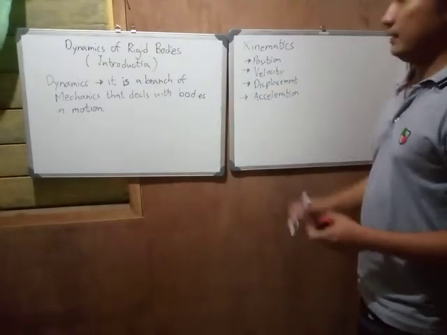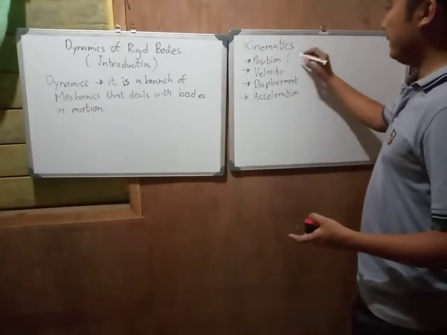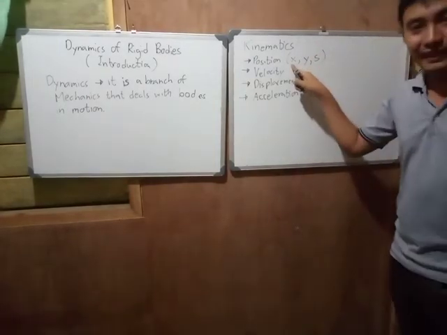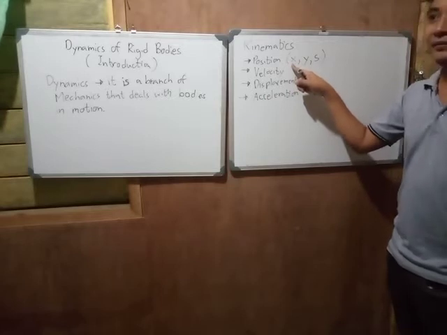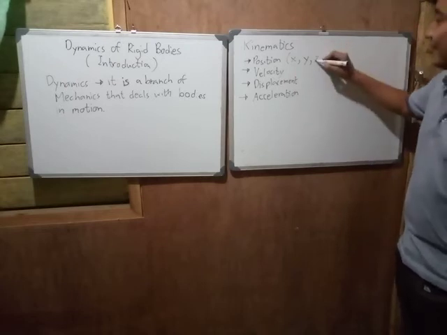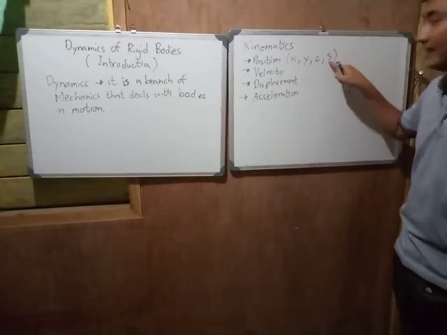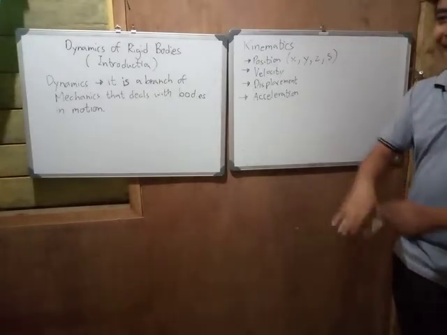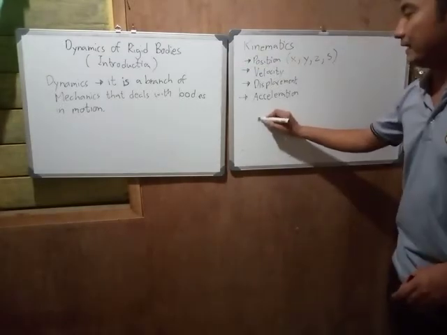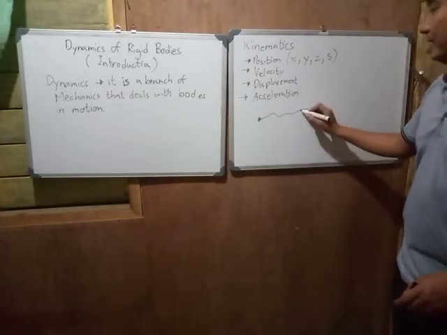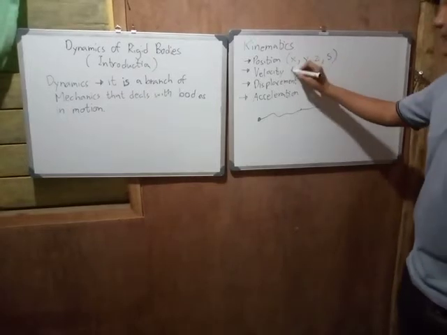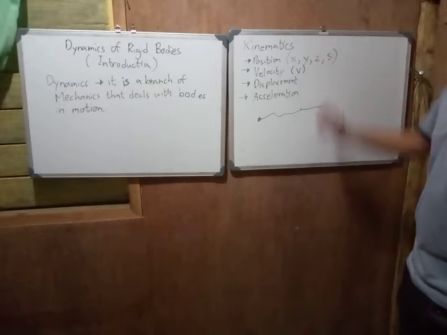Position can be denoted as X, Y, or S, depending. If you are along the X-axis, you can use X; along the Y-axis, Y; Z if you are in 3D; and S if your motion is general, meaning the body moves in a zigzag path, moving back and forth. For velocity, the denotation is usually V, as we know.